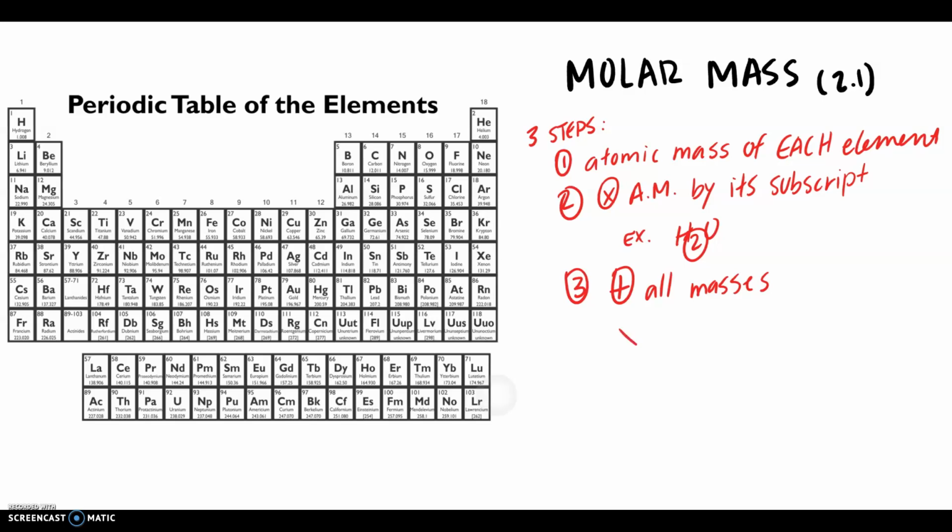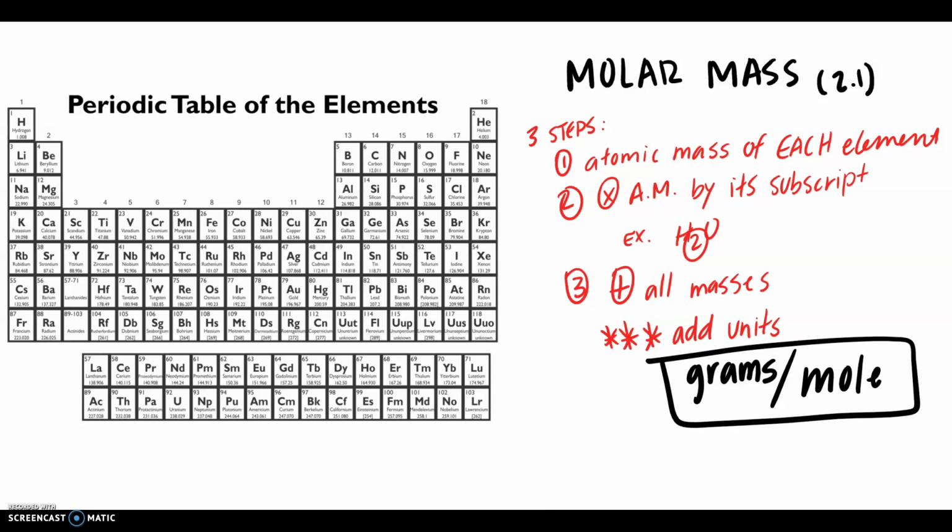And then here is an important part of number 3, which is adding units. And whenever we're dealing with molar mass, our units are going to be grams per mole. Right?